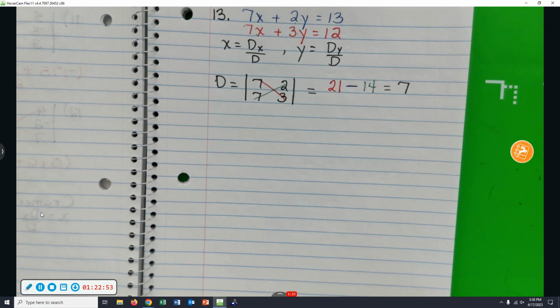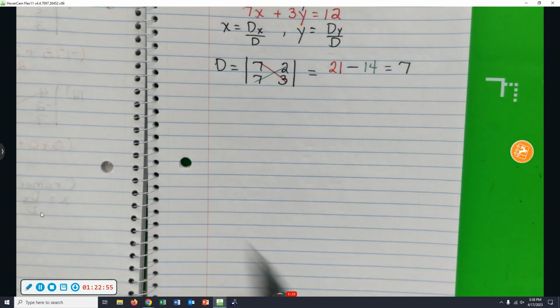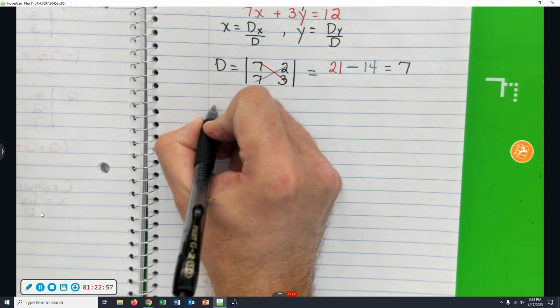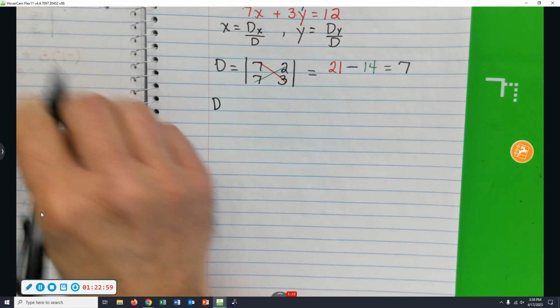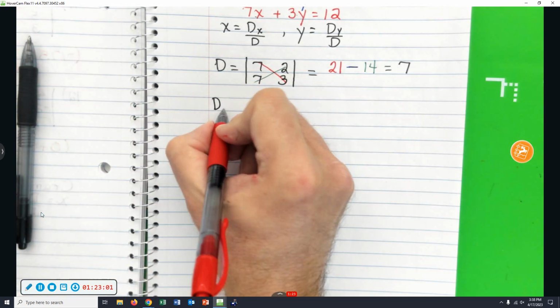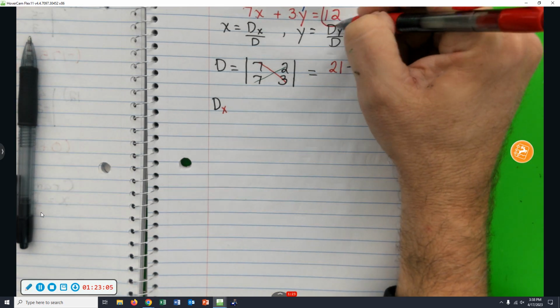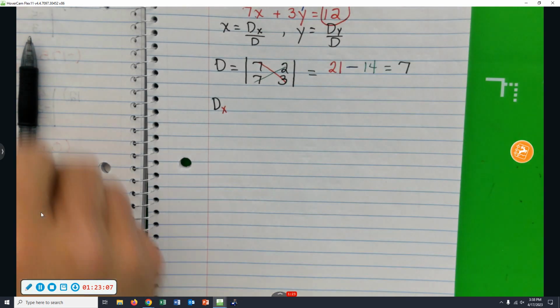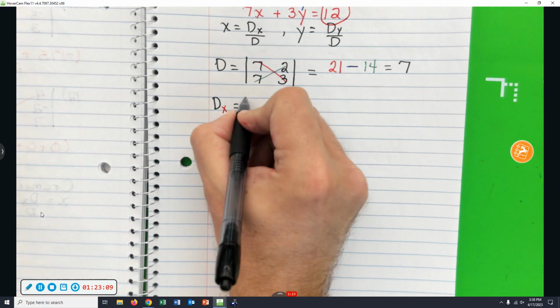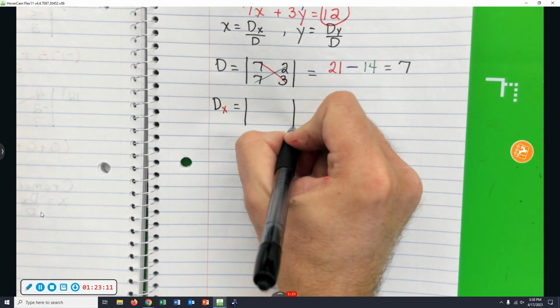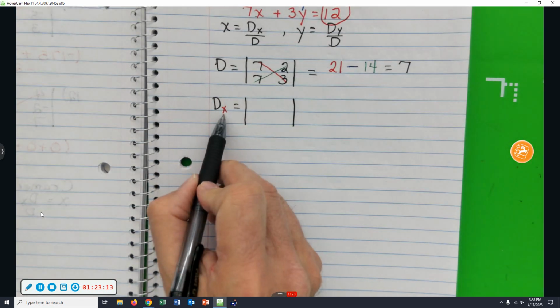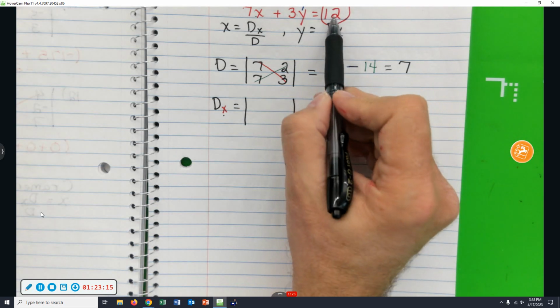I said, okay. So, for the subscripts, whatever the subscript is, you're going to replace that with these constants. And then do the crisscross. That's what this is called, crisscross. Replace the X column with 13 and 12.